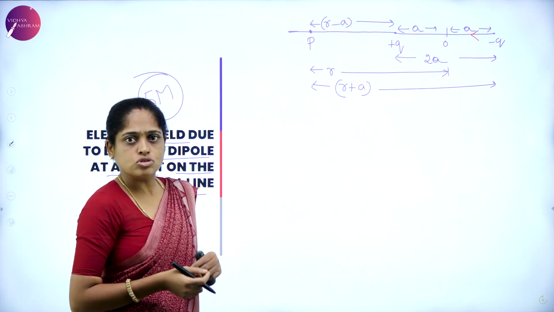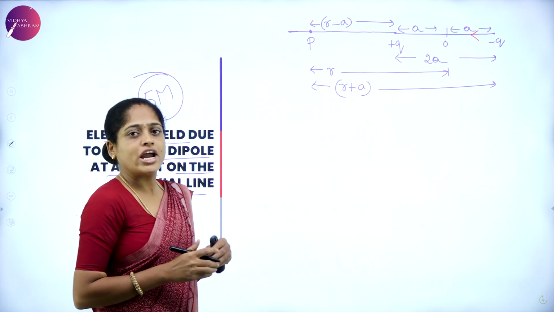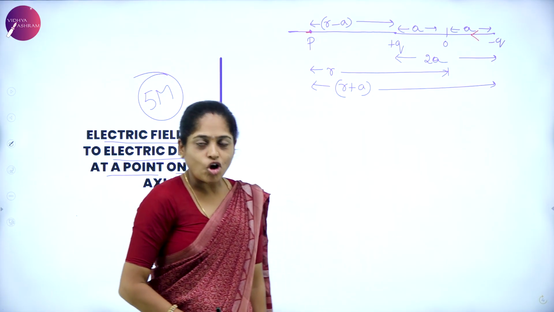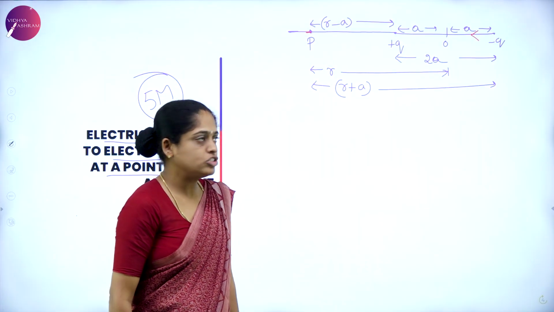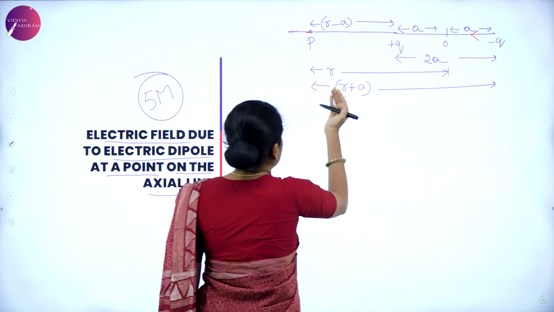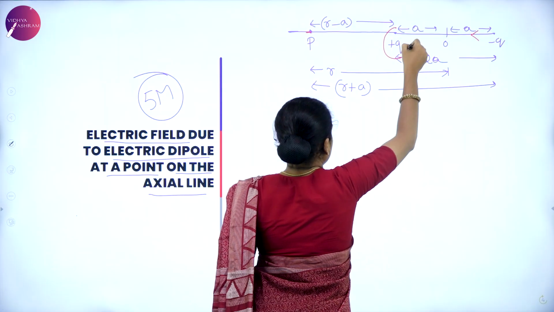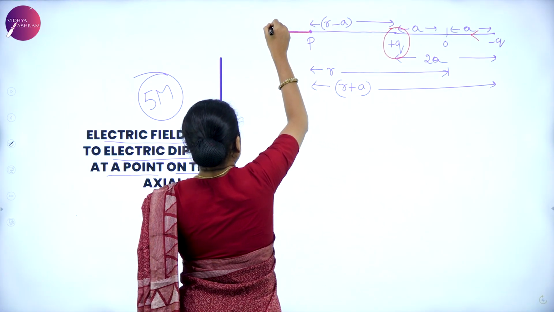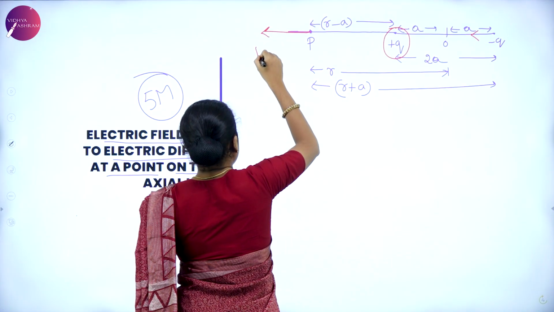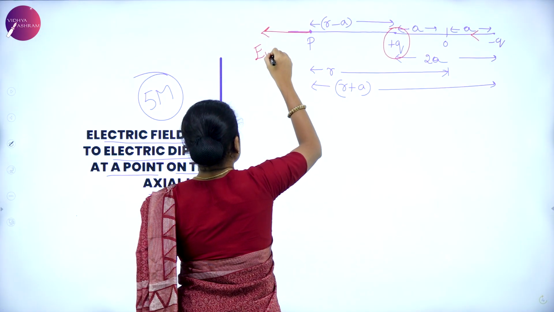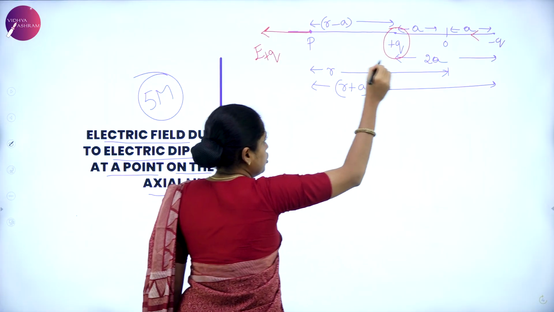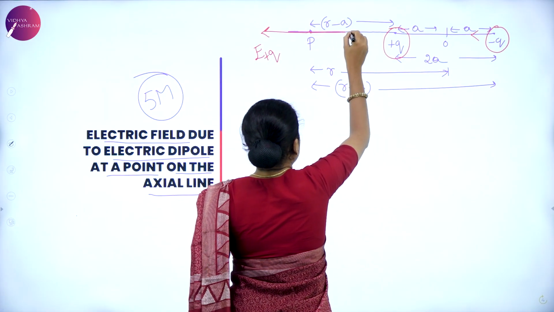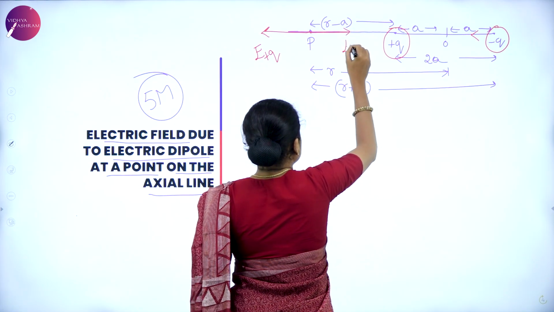Then you have to use the superposition principle to find the resultant electric field at point P. Now let us draw the direction due to individual charges at point P. First I consider the plus Q. Due to this, the direction of electric field at point P is away from the charge. And due to minus Q, the electric field direction is towards the charge.